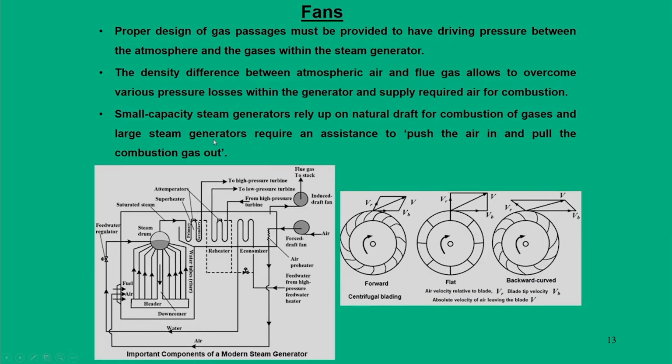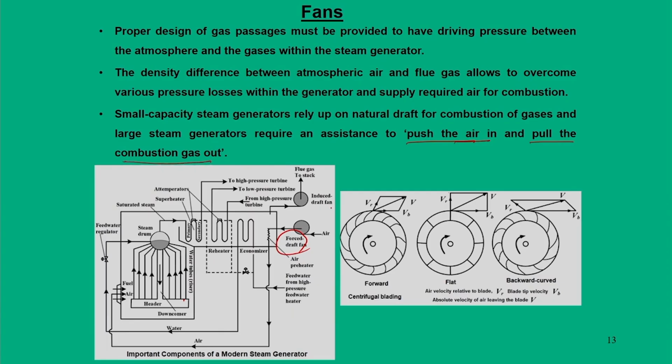Basically, the role of fans is to assist the large steam generator unit to push the air into this unit through a fan called a forced draft fan, and also pull the combustion gas out.